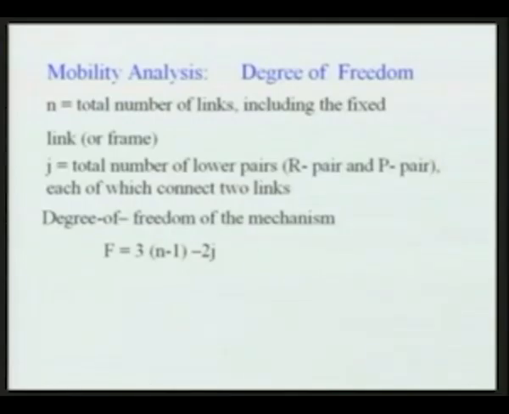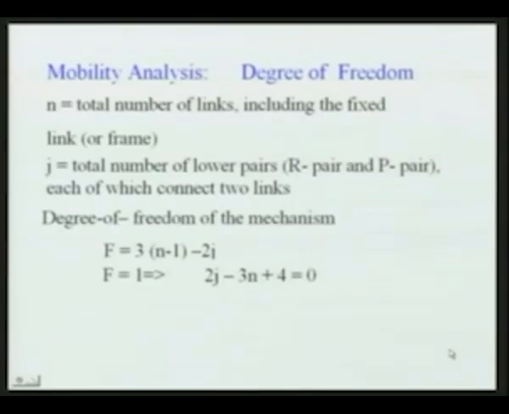Let us consider a constrained mechanism with a single degree of freedom. That is, there exists a unique input-output relationship when the degree of freedom of the mechanism f is 1. Substituting f equal to 1 in the above equation, we get 2j minus 3n plus 4 is equal to 0.